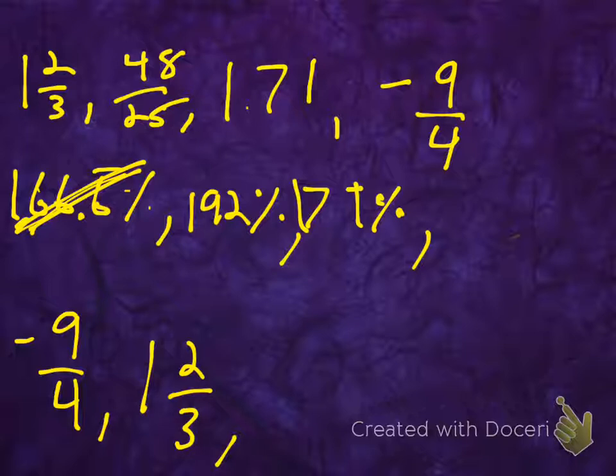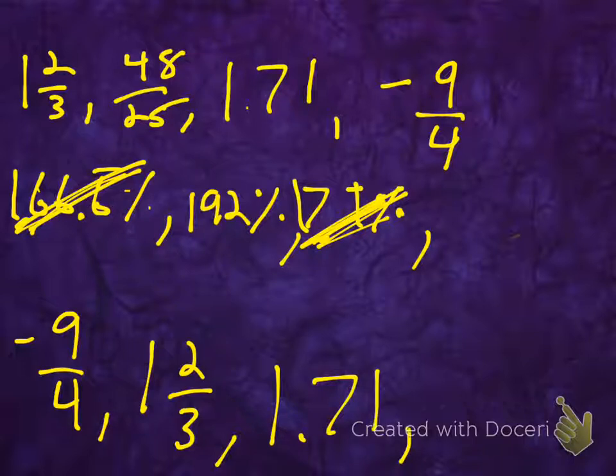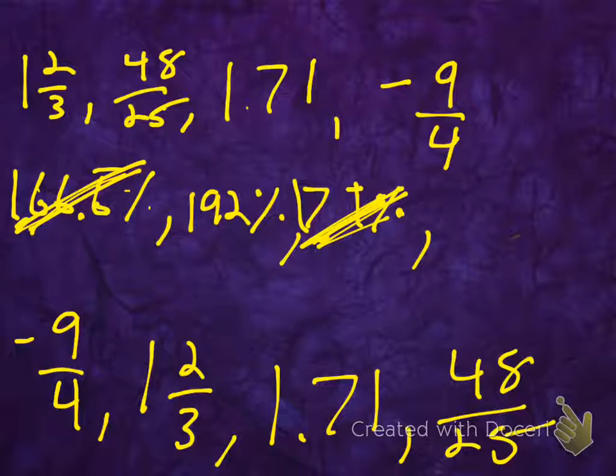Next, 171% or 1.71, which just leaves us with the 48 over 25. There you go. No calculator needed. How about that?